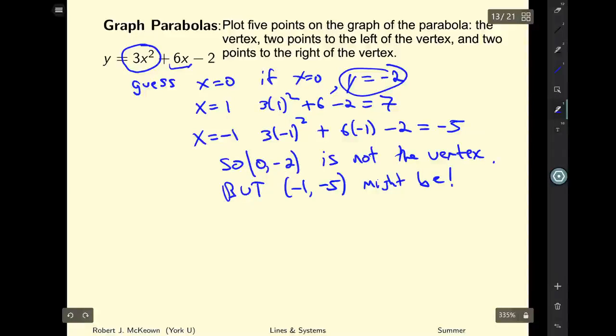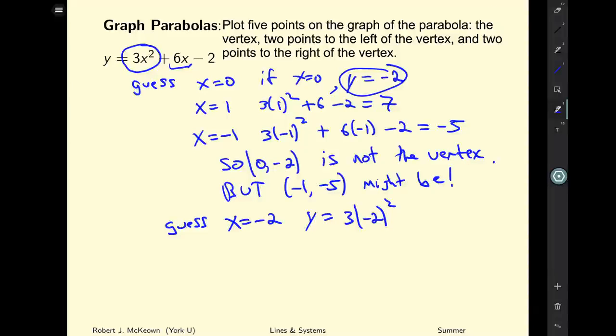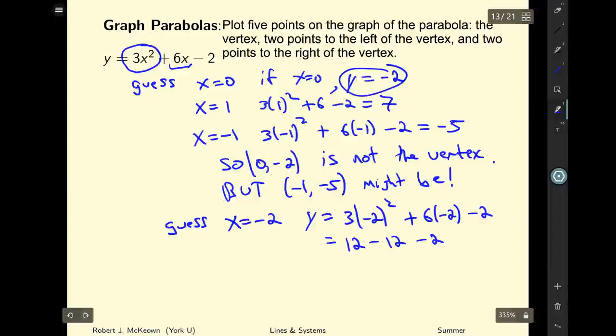So I'm going to guess x is equal to -2, and I've got y is going to be equal to -2 squared times 3 plus 6 times -2 minus 2, and I've got 12 minus 12 minus 2, which equals -2.